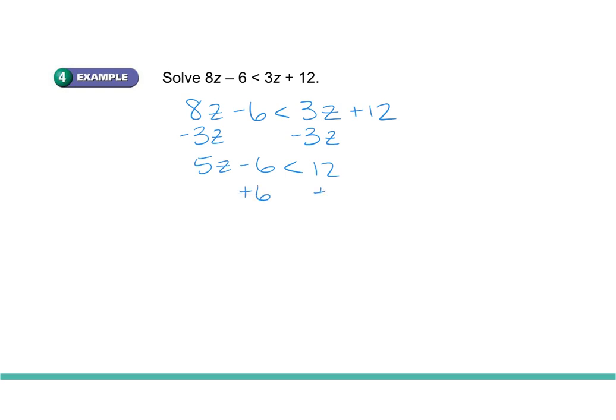Add 6 to both sides. And divide by 5. So z is less than 3 3/5.